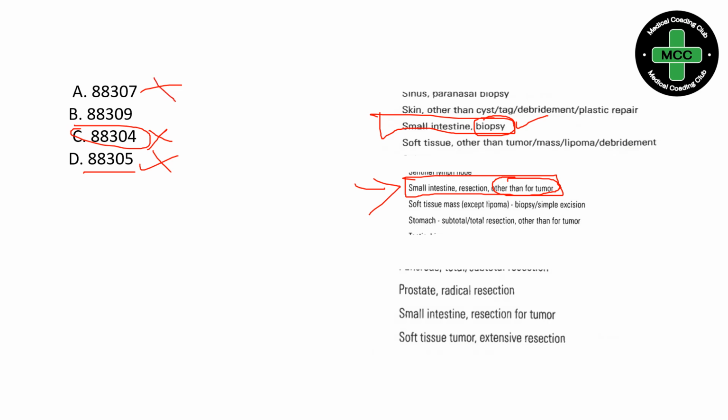Lastly, you have 88309, which is a quite complex procedure, and the description says small intestine resection for tumor. So the correct answer is 88309. Option B is correct for this particular question.